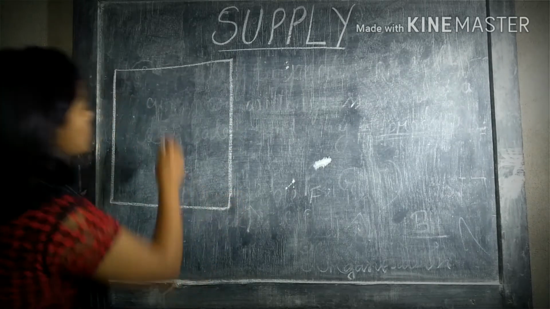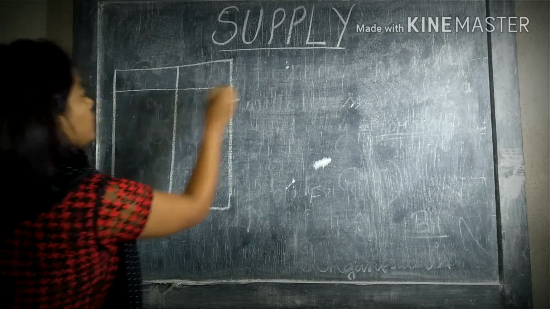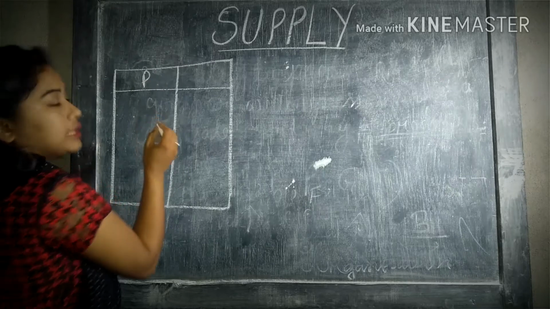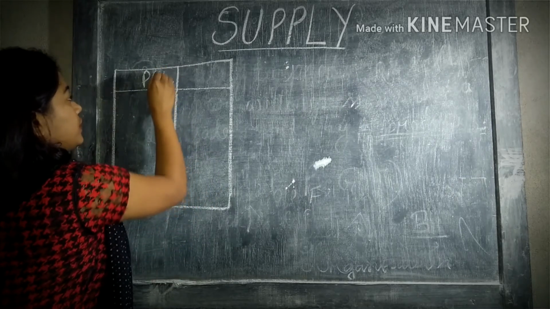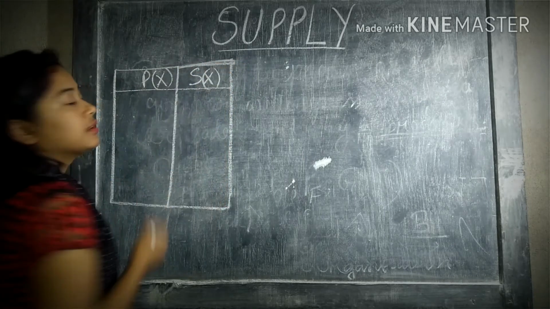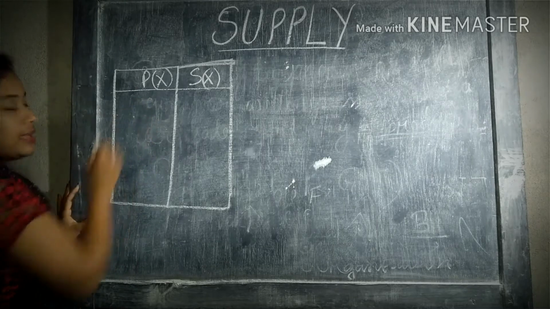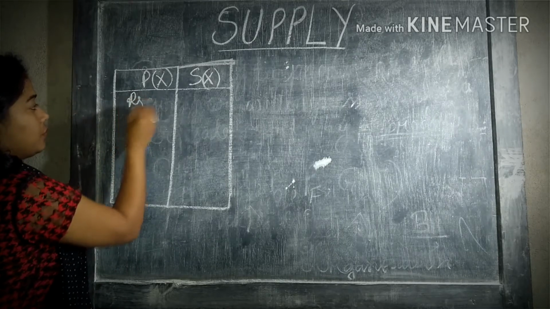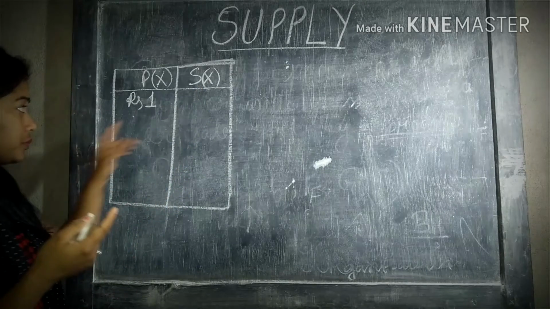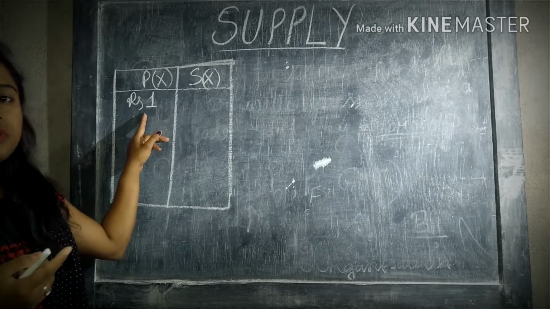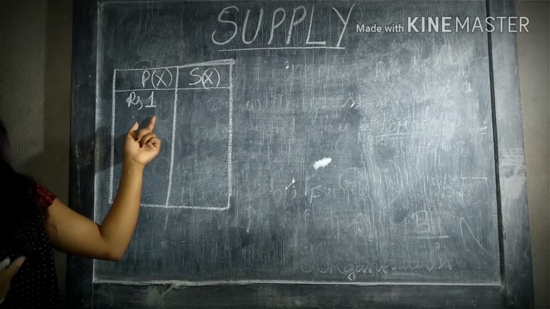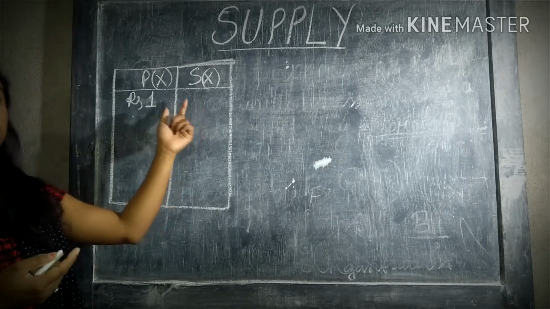So here also we take 2 variables: one is the price of the commodity, suppose the commodity is X, and the other is the supply of the commodity X. So if the price of a commodity is ₹1, then the supplier finds that the price of the commodity is only ₹1. So he knows that by selling the commodity at ₹1, he cannot make more profit. So he will not produce so much of that commodity.